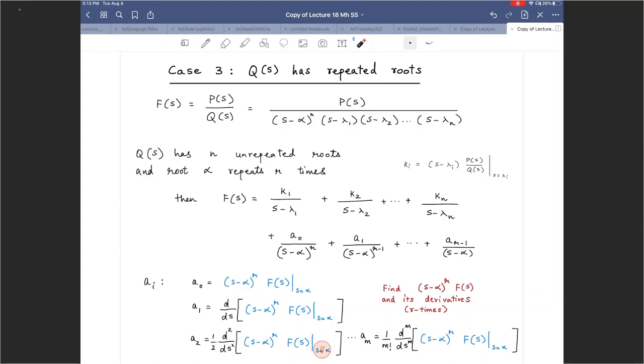There are repeated roots here. So let's just quickly highlight the r repeated roots. That's r poles that are on top of each other at the same location. So those are r repeated roots. And there are also n distinct, unrepeated roots here.